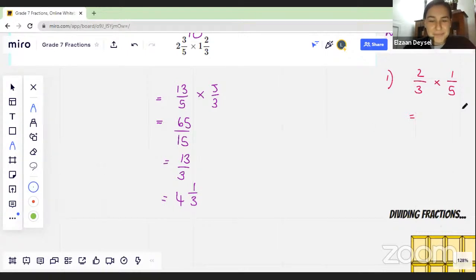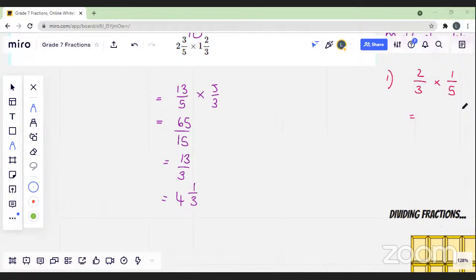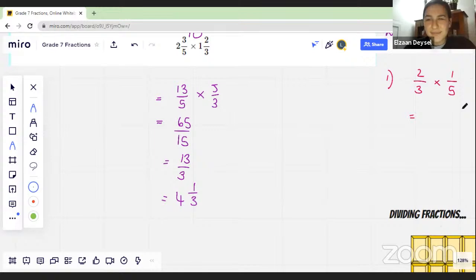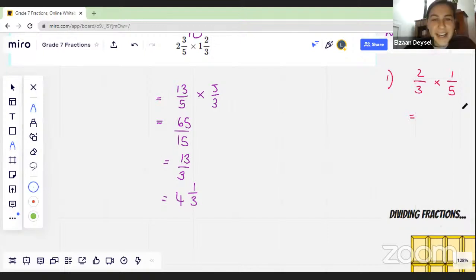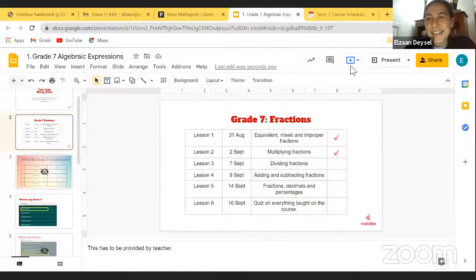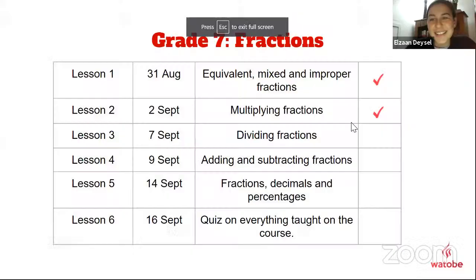So let me see if I can share this. Okay. Let's try again. Okay, I got it. So, as you all can see, you have finished your second lesson of fractions.